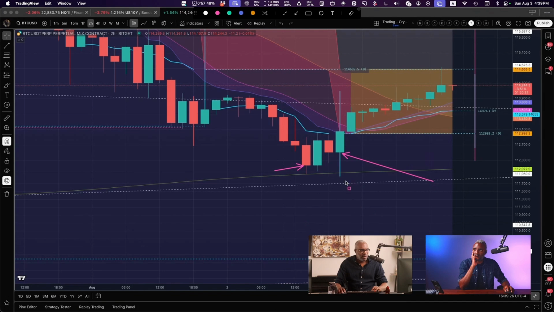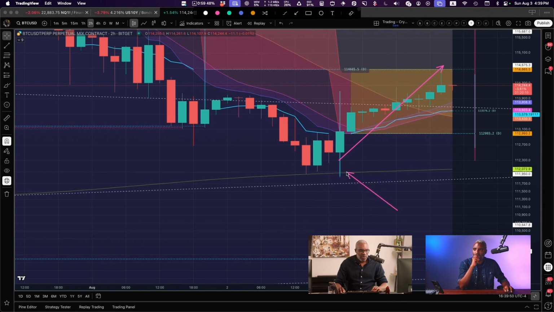They panicked and they sold, or even went short, which helped cause this move up because they get liquidated. It bounces up, and then it moves forward. So this is actually a clearing of liquidation, a liquidation sweep, and then we moved up.